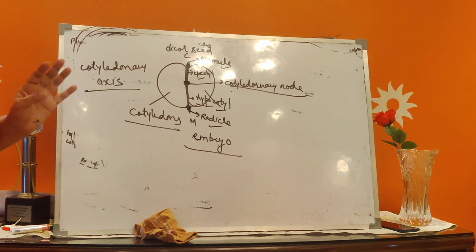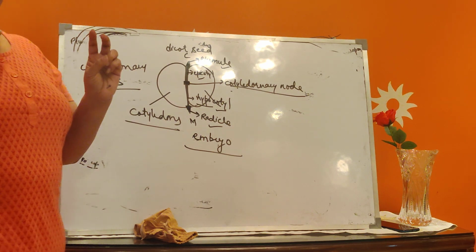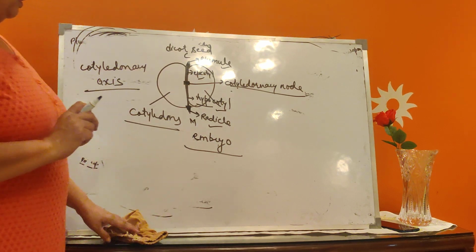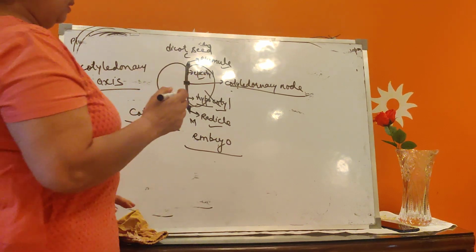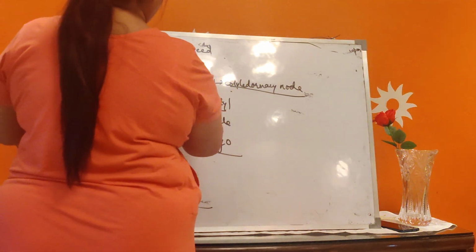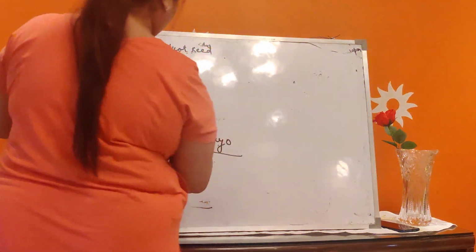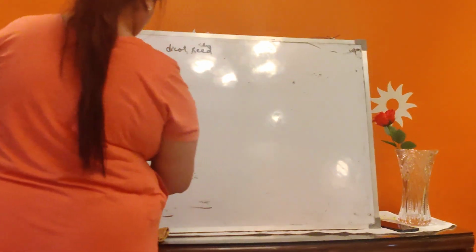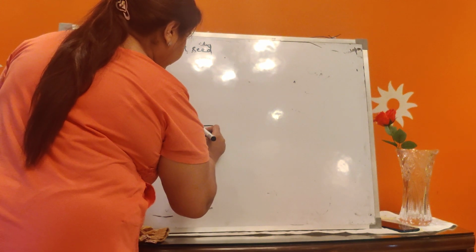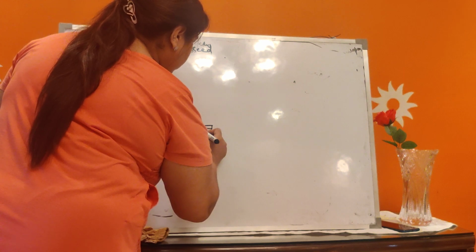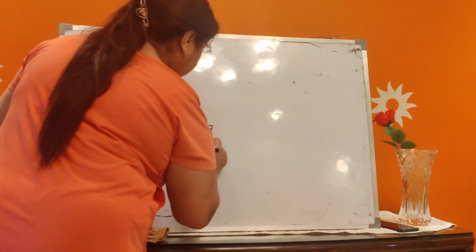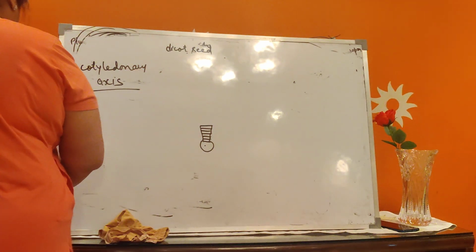I think you are confused somewhat, but I want to remove your confusion. Let me draw one more diagram. Is it clear? That is heart shape. I want to draw heart shape embryo. In heart shaped embryo, this is what? Suspensor. This is what?